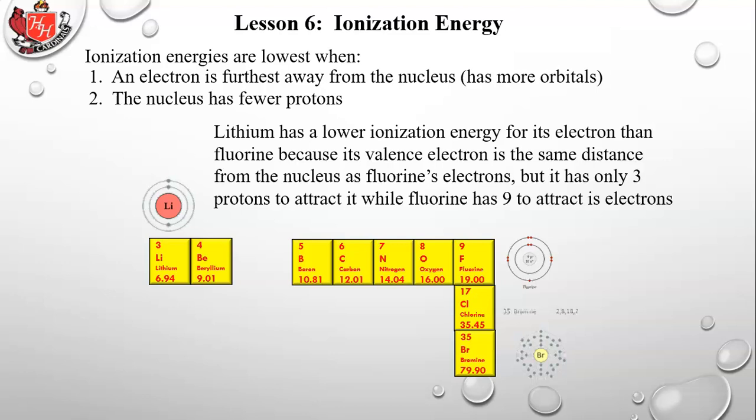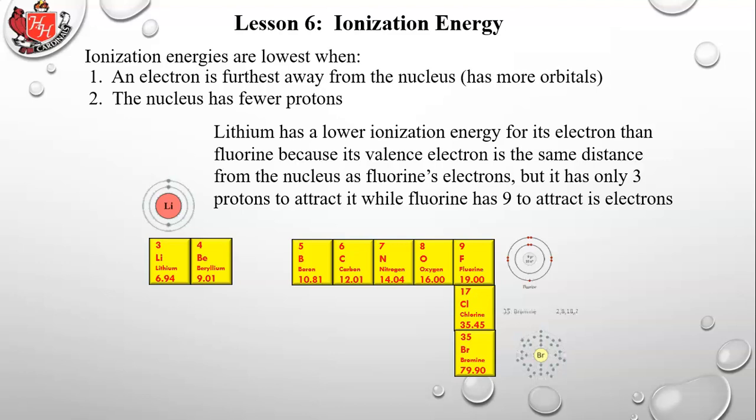And while fluorine has more electrons, those second orbital electrons don't shield each other. You can think of them as being side by side to each other. So therefore, fluorine has 9 protons, whereas lithium only has 3 to pull its second orbital electron in. So because fluorine has more protons, positive charges pulling in on the electrons, it's able to hold on to them better than lithium is able to hold on to that 1 second orbital electron it has.